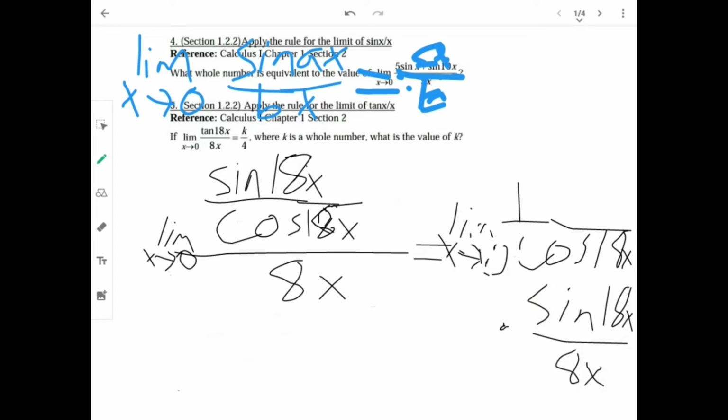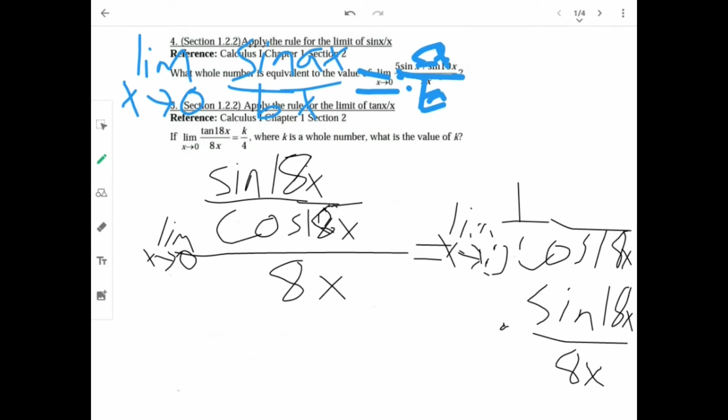So for cosine, you can just substitute in 0, so it's no problem. But for sine 18x over 8x, you cannot substitute 0 because the denominator will be 0 and you cannot divide by 0. So you have to use the sine rule of limit, where it will be a over b, as you can see above.